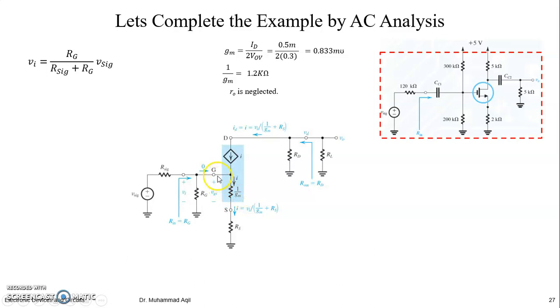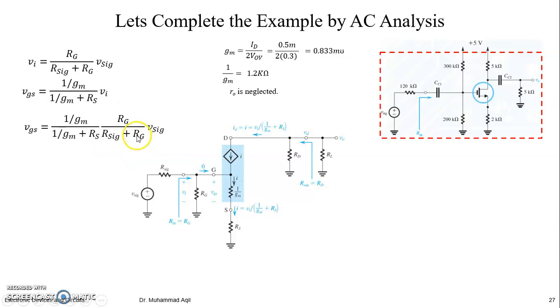How about finding VGS out of VI: it is the voltage across this resistance out of these series resistances, a simple voltage divider, 1 by gm divided by 1 by gm plus RS times VI equals VGS. Or we can write the VGS relation directly with V signal if we put VI from here. It's up to you.